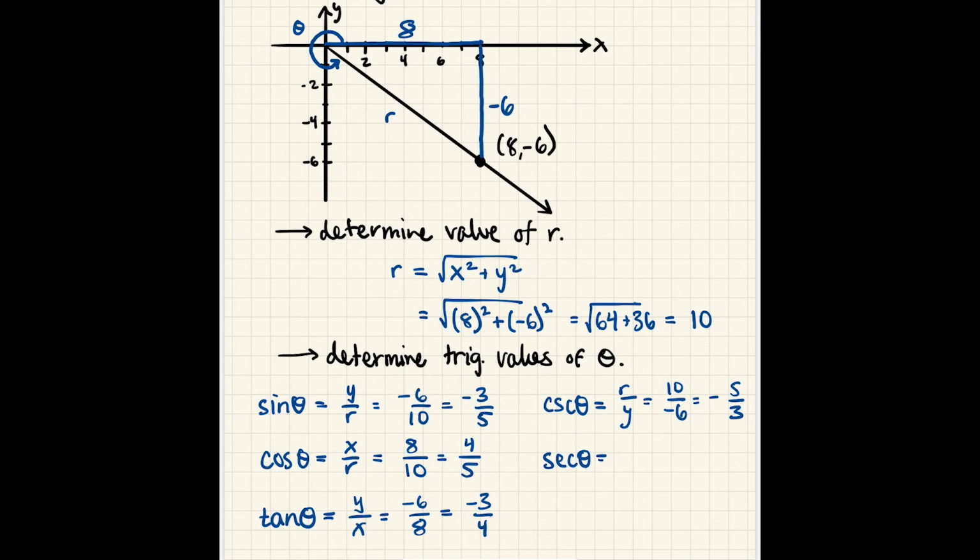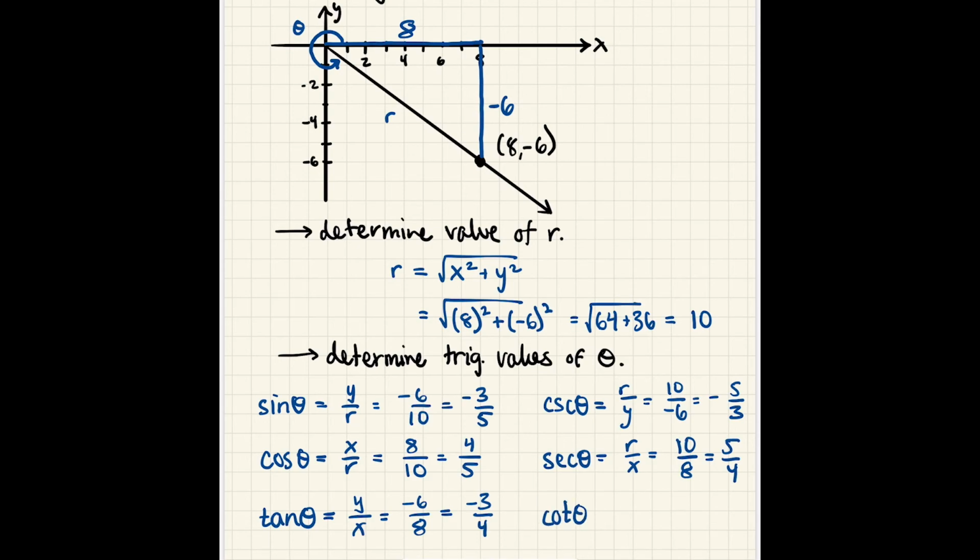Secant of theta has the same relationship with cosine, it's just the reciprocal, so we'll know that this answer will be 5/4. But for practice, let's appeal to the definition. Secant of theta is r over x, and r we calculated to be 10, and x was given as 8, so indeed this is 5/4, which is the reciprocal of cosine.